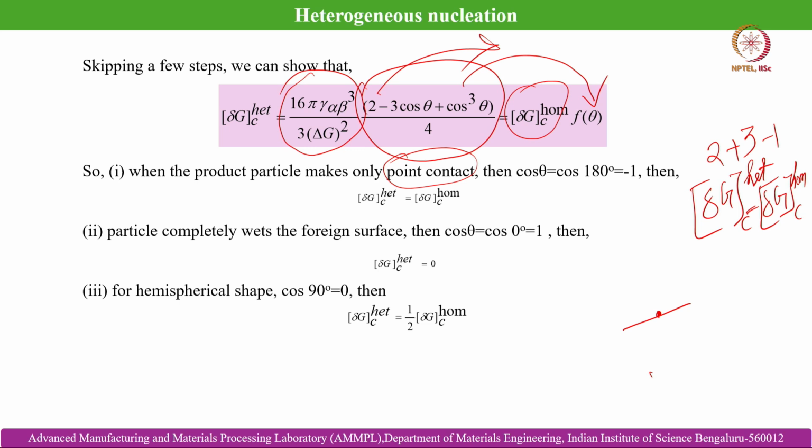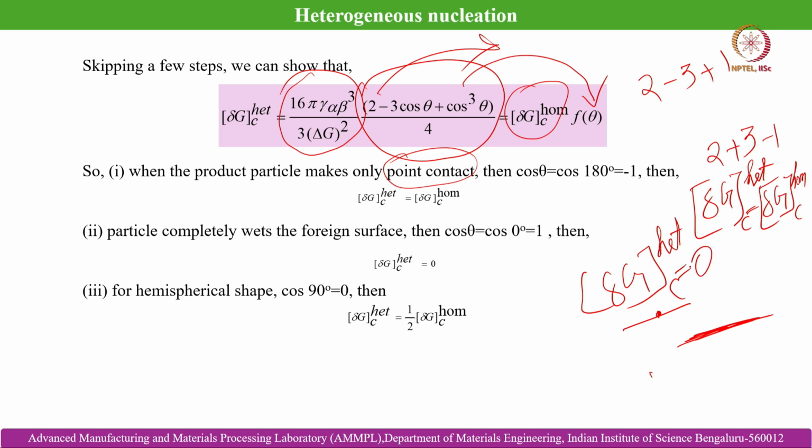But when the particle completely wets the foreign surface, then cos theta is equal to cos 0 degree, which is equal to 1. If we put the value of 1 over here, we get 2 minus 3 plus 1, that is 0. So delta G heterogeneous critical is equal to 0.